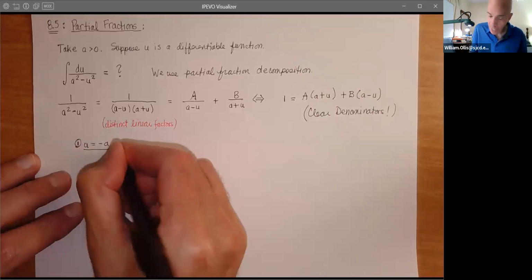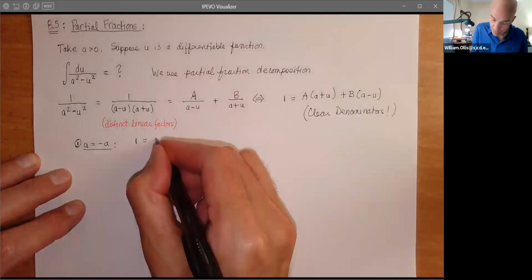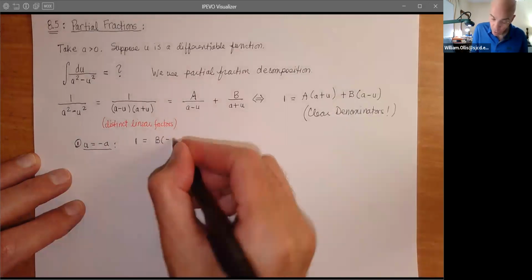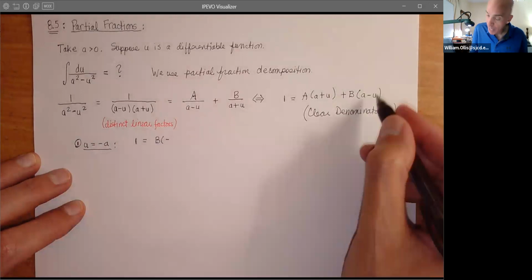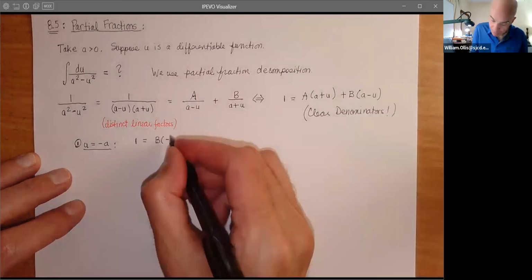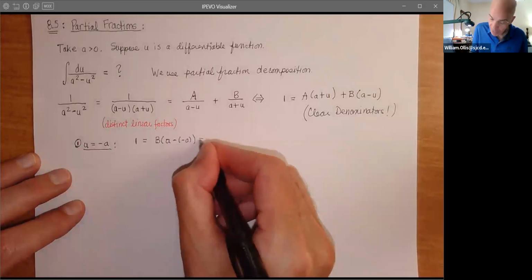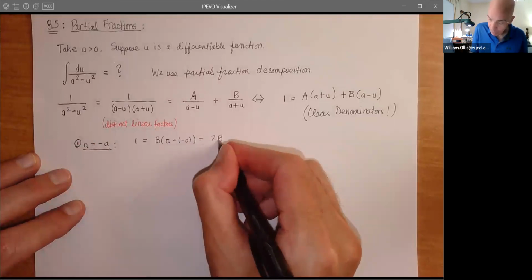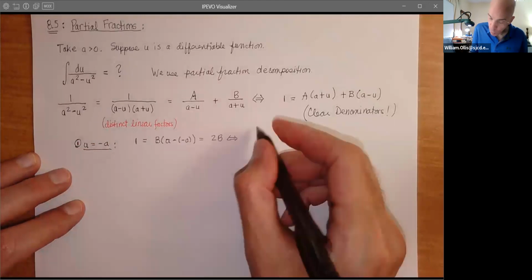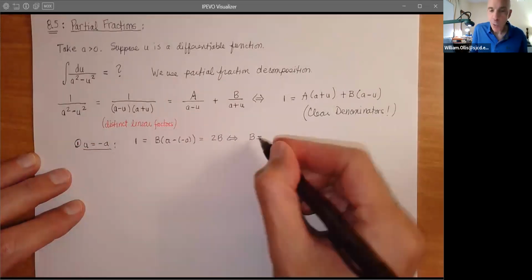So if u is equal to negative a, the 1 is independent of that. That absorbs, and here we have B times a minus a negative a, and that gives us 2a times B. So B is 1/2a.